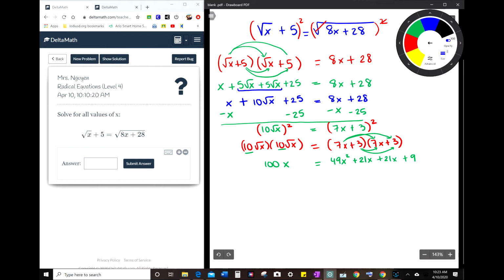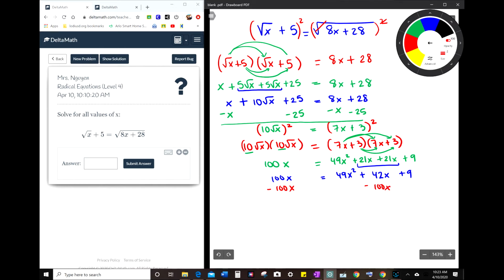Actually, I should combine like terms on the right side first. 21x plus 21x gives me 42x. And I have 49x squared plus 42x plus 9. I still bring down 100x on this side, and now I can subtract 100x on both sides.